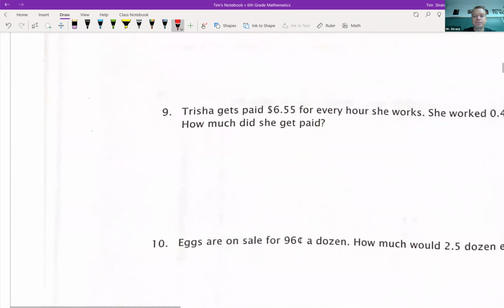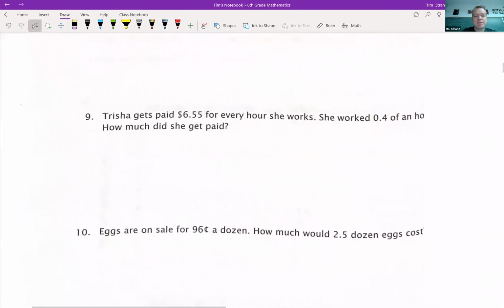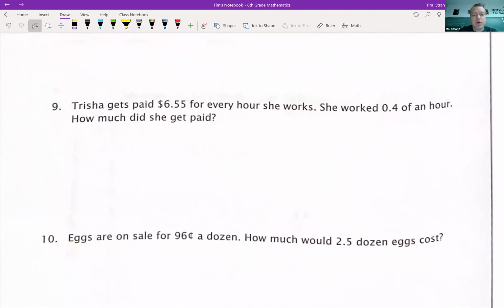All right, I'm going to scroll down to these word problems at the bottom. Number 9. Okay, Trisha gets paid $6.55 for every hour she works. So $6.55, and she works for 0.4 hours. Okay, I'm going to multiply this out. 4 times 5 is 20. Carry my 2. 4 times 5 is 20.